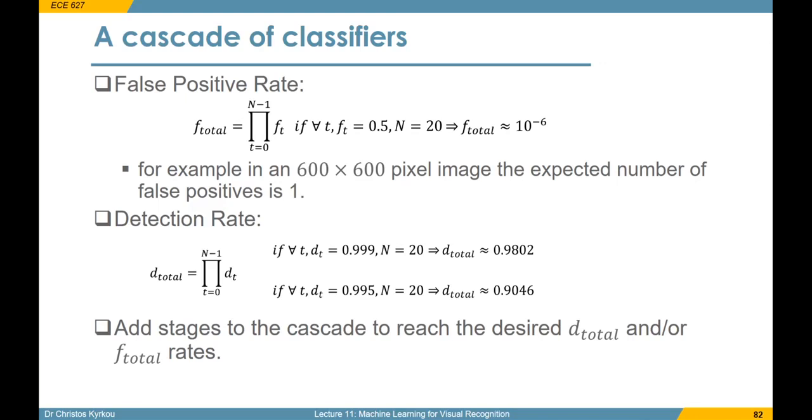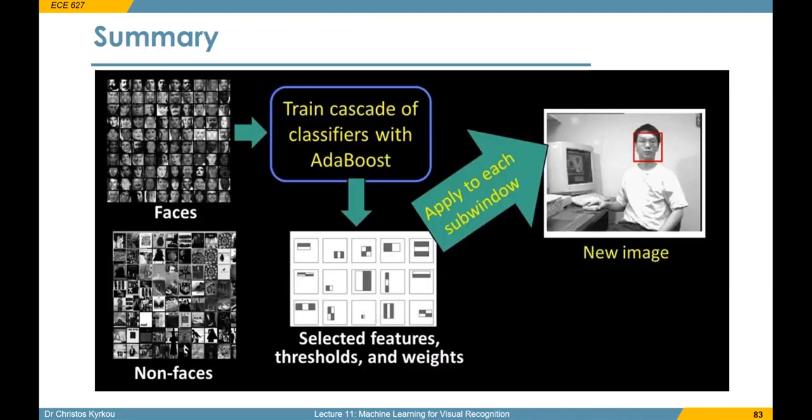When we have a cascade, one final thing is that during training, we add stages until we reach our predefined goal of accuracy in terms of detection or false positive rate. So putting everything together, we start off by having a database of faces and non-faces.